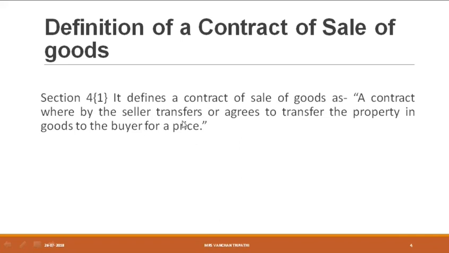Please pay attention to these two words: seller transfers, or agrees to transfer. Both of the points. Transfer means sale and agrees to transfer means agreement to sell. So basically, the contract of sale governs two sub-concepts. One is the sale, another is the agreement to sell. So this definition also covers these two elements.